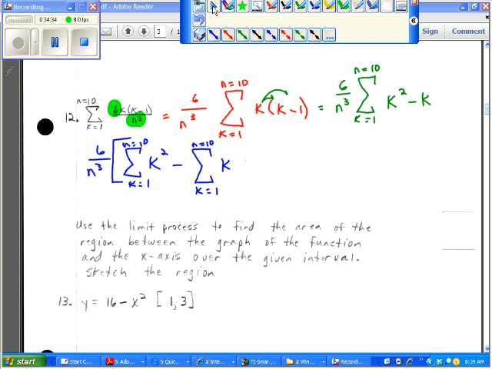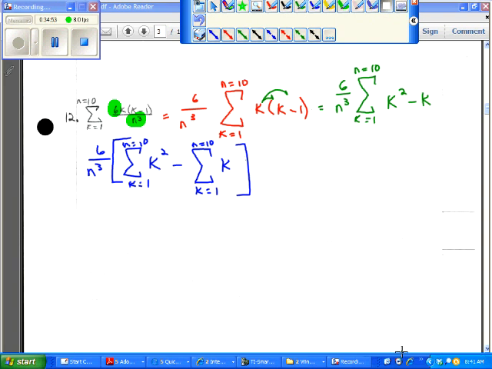So now we have it in terms of k squared, which would be like i squared, my variable squared. So now we can do the expansion. And I'm going to close that bracket since I factored that out. That 6 over n cubed is times that whole thing, right? It would distribute in there.